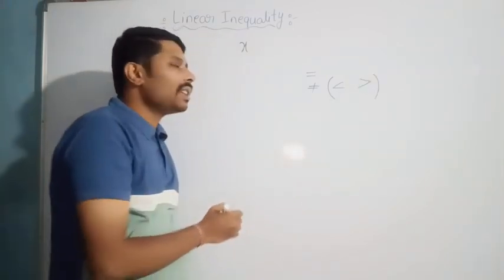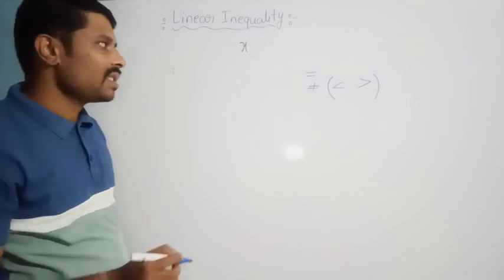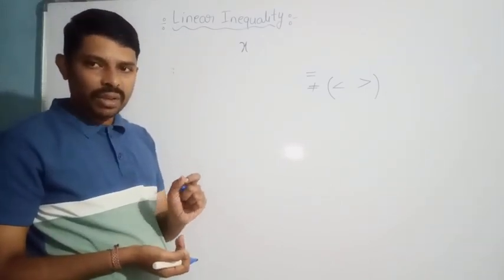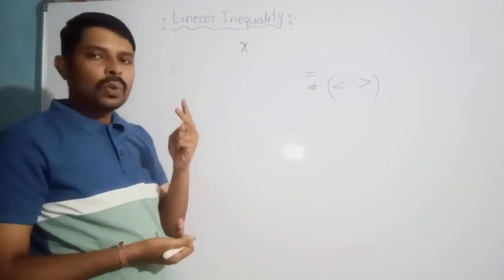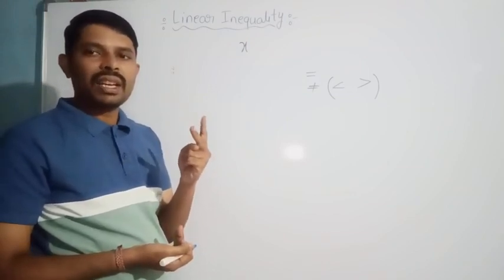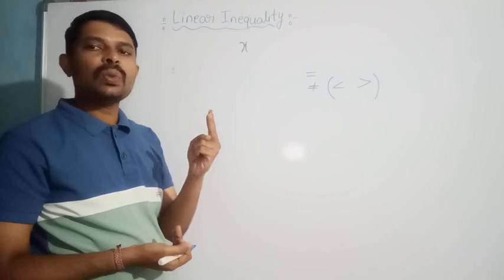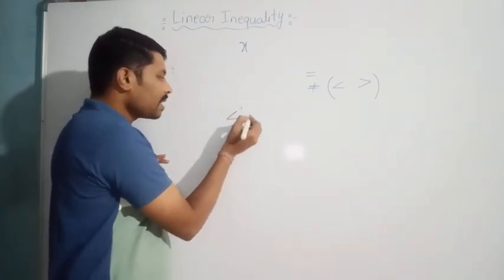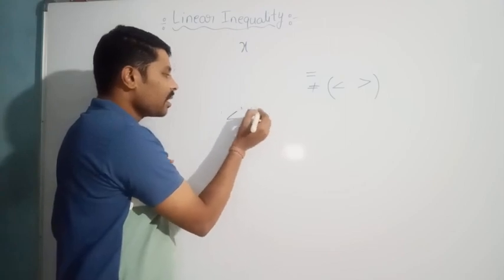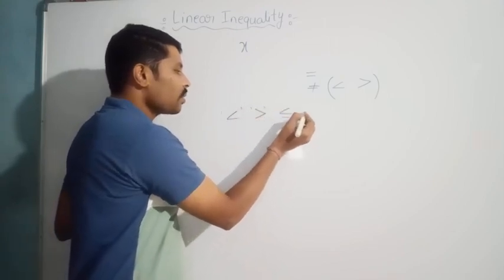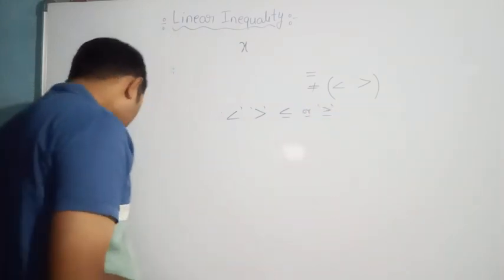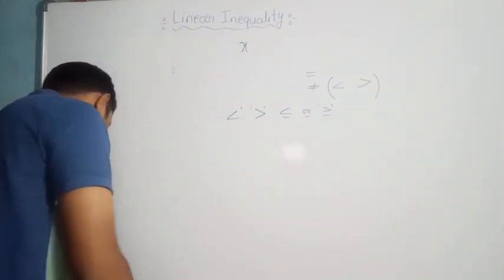So linear inequality means any two variables or any two real numbers related with the symbol less than, greater than, less than or equal to, or greater than or equal to. It is called linear inequality.